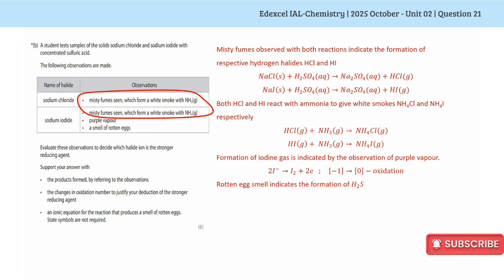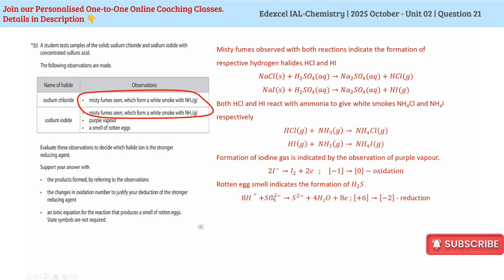formation of H2S gas. The sulfur species that we are introducing in this experiment is sulfate ion, which is at its +6 oxidation state, and that oxidation state drops down to S2-. That is a very strong reduction.